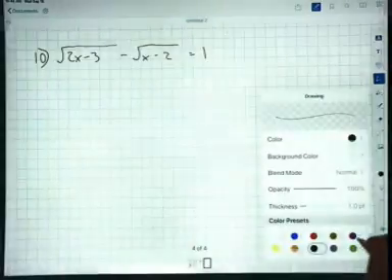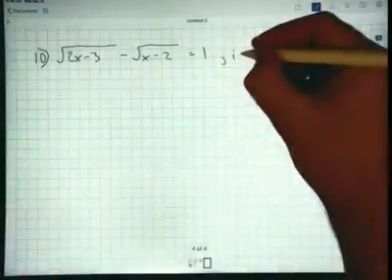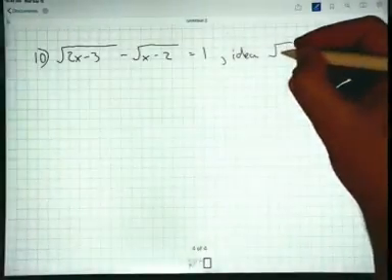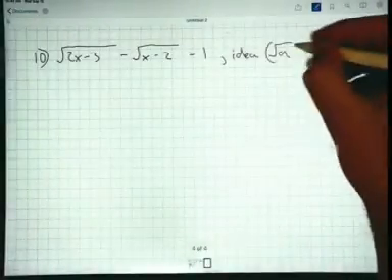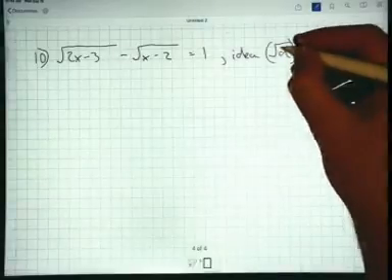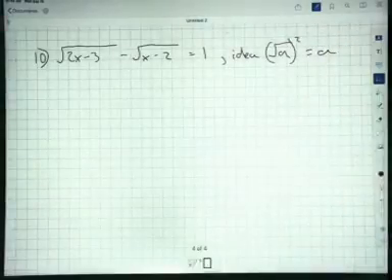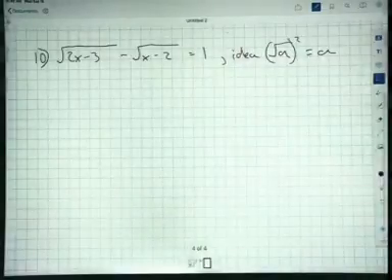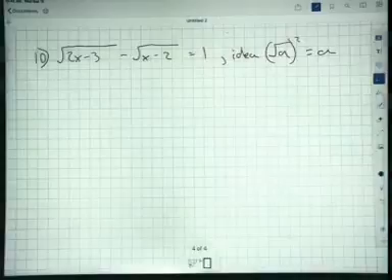So the idea that we're employing here is that if you have the square root of a and you square it, the exponent 2 and the radical cancel out and you're just left with a. So we're going to be squaring to get rid of the radicals.